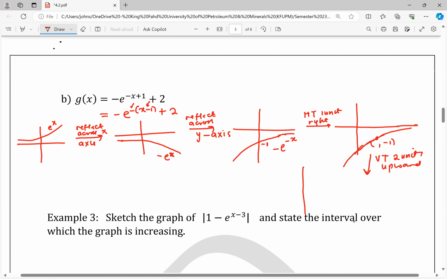Let me do it here. This is the final graph. Now, this is minus 1. If you move it 1 unit, it will go to 0. Another 1 unit, it will go to 1. So this point is minus 1.